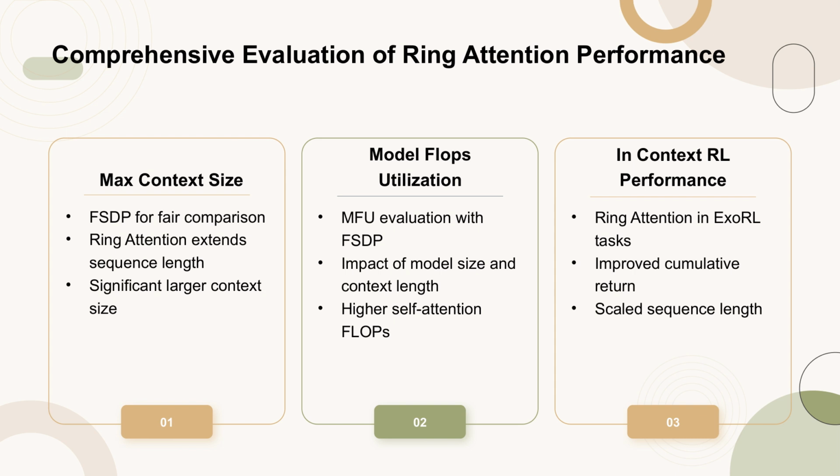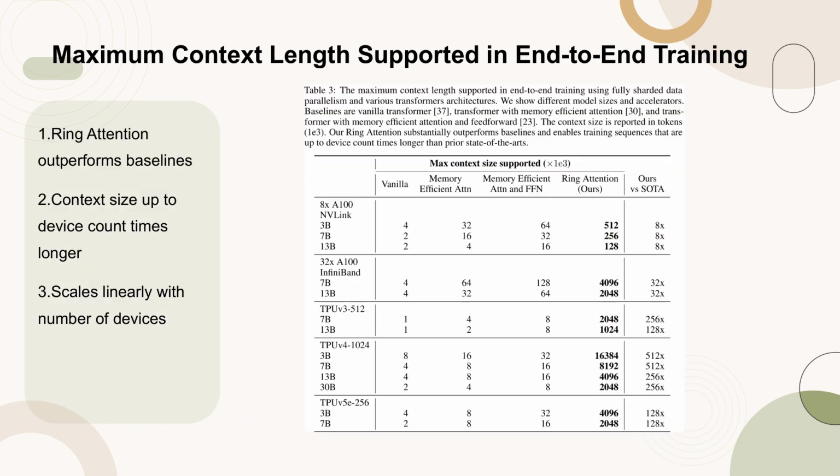Table 3 presents the maximum context length supported in end-to-end training using fully sharded data parallelism across various transformer architectures and hardware configurations. The baselines include vanilla transformer, transformer with memory-efficient attention, and transformer with both memory-efficient attention and feed-forward.